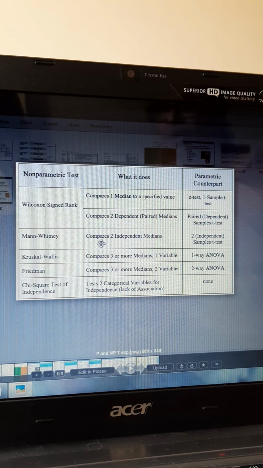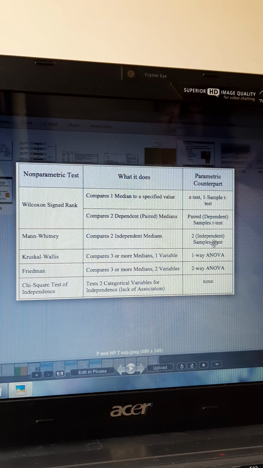What are the tests for Mann-Whitney test? It calculates the independent median. So this is, which is a test? T-test. T-test will do this plus this. What does Kruskal-Wallis test do? It compares three or more medians, like one-way ANOVA.